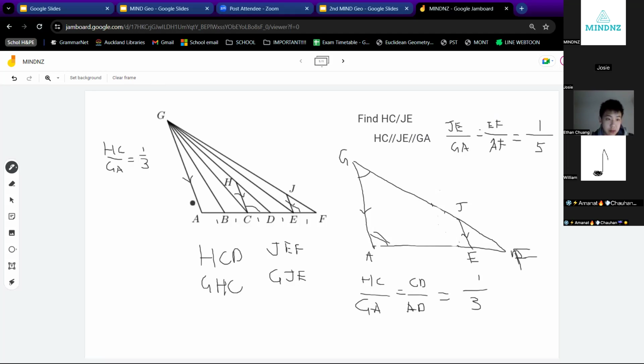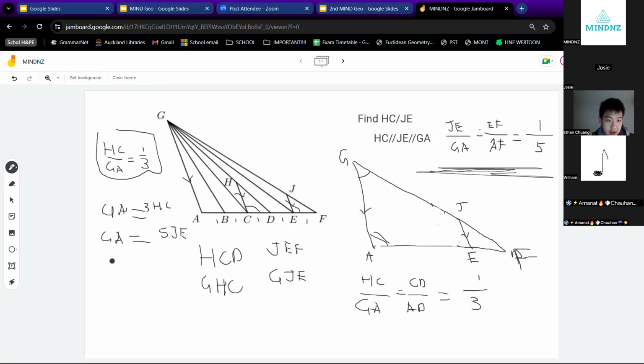So now we know that from the previous one, GA equals HC times 3. Oh, wait, this is not right. And then from this one over here, we know that GA equals 5 times JE.